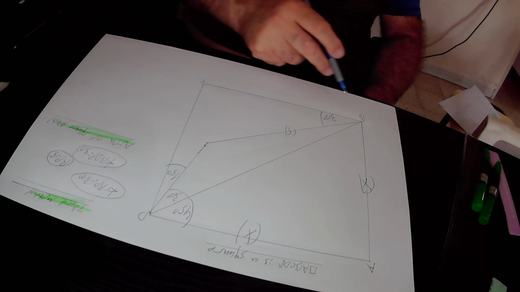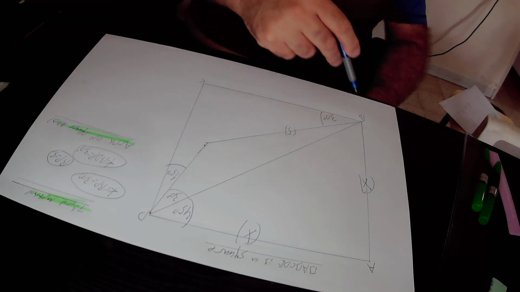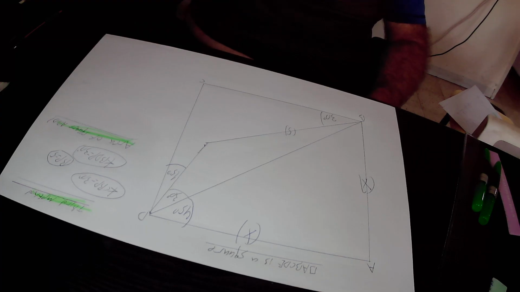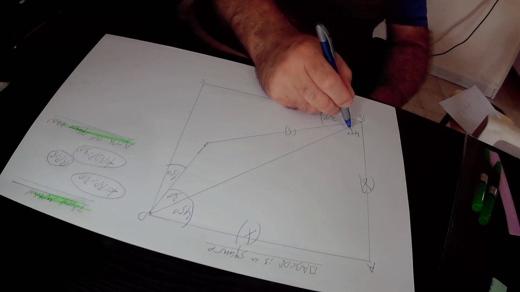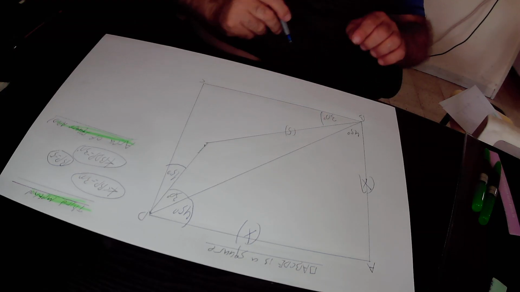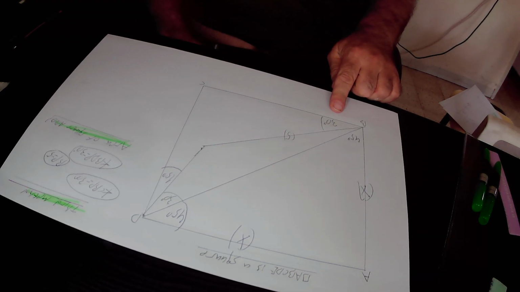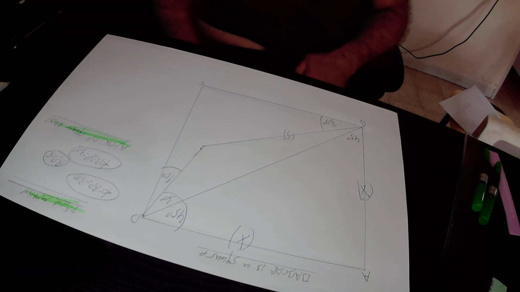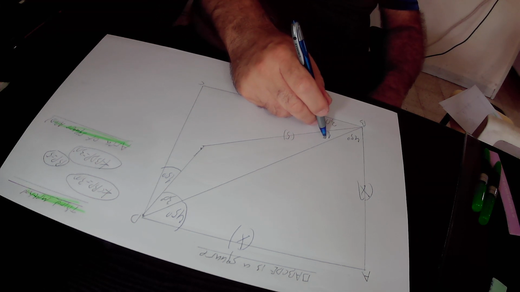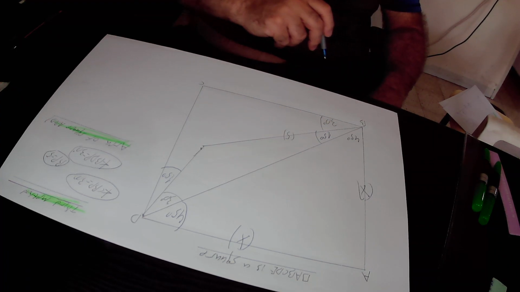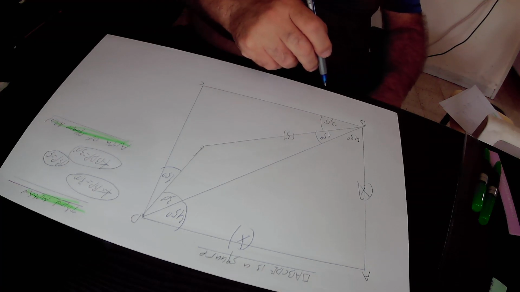Diagonal DB bisects angle ABC. The first half is 45 degrees, and the second half is also 45 degrees. But this angle equals 30 degrees, and therefore this angle must be equal to 15 degrees, because 15 degrees plus 30 degrees is 45 degrees. That is the size of the second half of angle ABC.